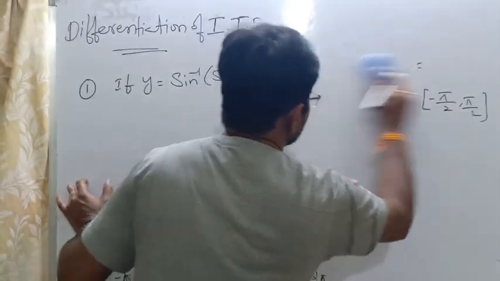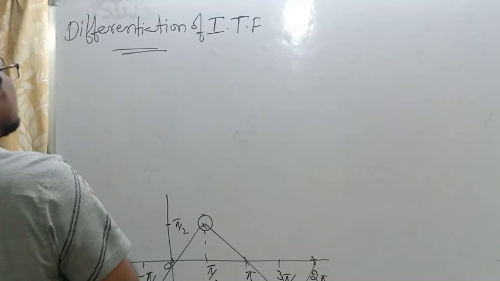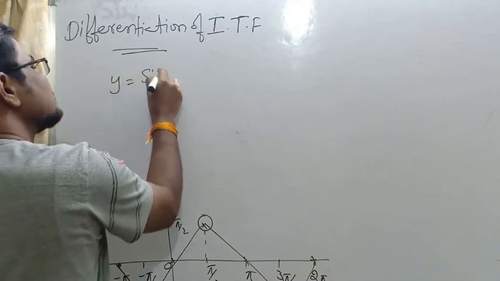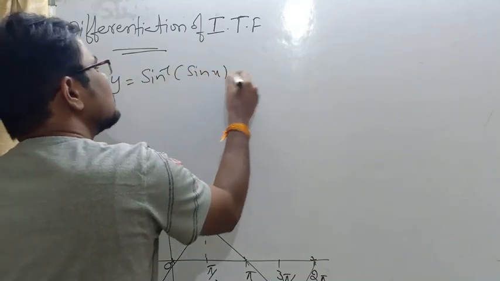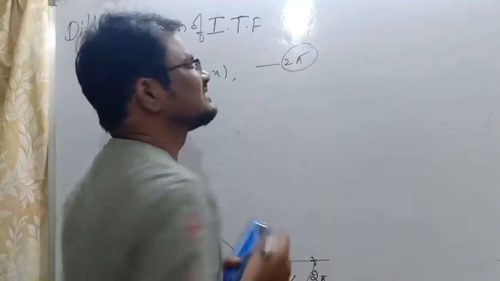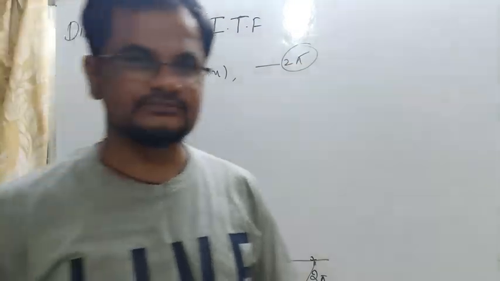So that's why, y equal to sine inverse of sin x. So what is the period of this function? 2 pi.